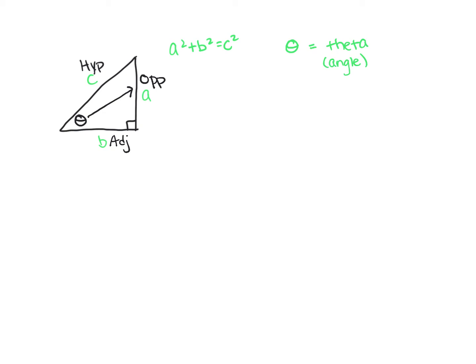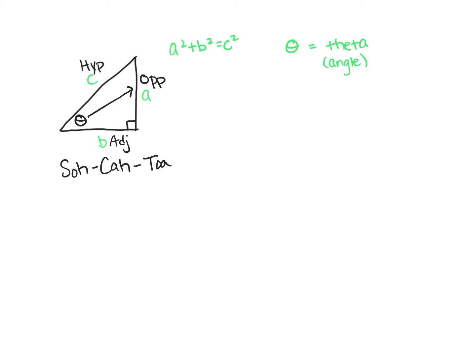Now, if you're thinking opposite, adjacent, and hypotenuse, that seems kind of familiar. I'm hoping it reminds you of SOHCAHTOA. SOHCAHTOA is just a memory trick that we use to remember our different functions. There's three different trig functions. You can find them on your calculator, but they are sine, cosine, and tangent, and they are just ratios on a triangle.